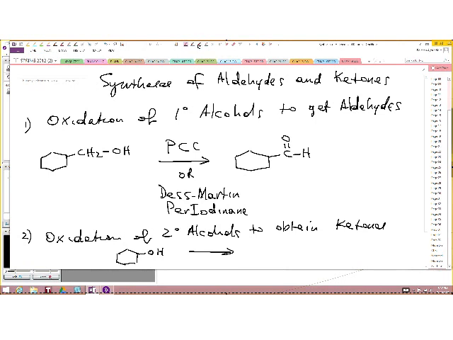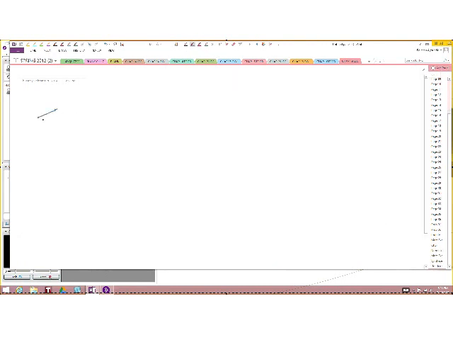We will use chromium trioxide, right? We could use chromium trioxide. We could also use PCC or Dess-Martin.